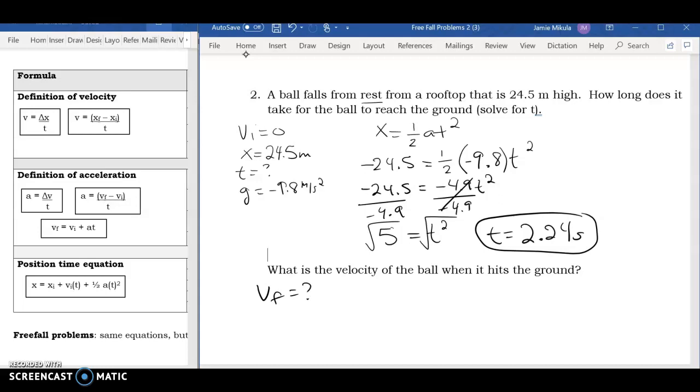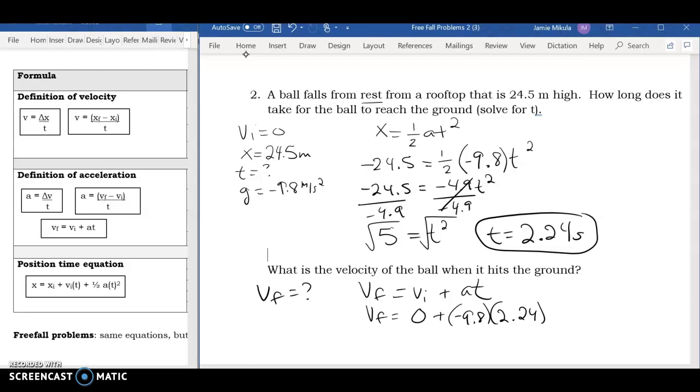All right, now that we have the time, we can plug that in. We want to know the final velocity. So Vf equals Vi plus at. Vf we don't know. Vi again is 0 because it starts from rest. Negative 9.8 in the vertical direction is gravity, your acceleration, and then times 2.24.